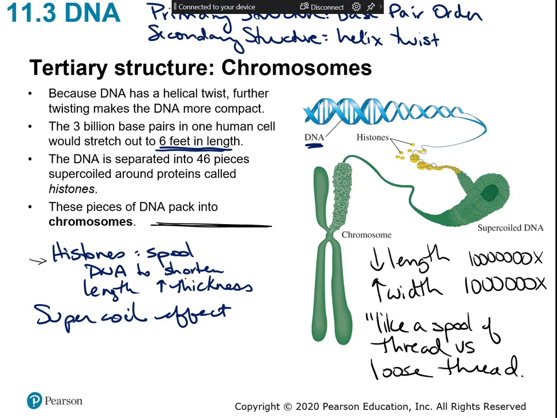But DNA actually wraps around proteins called histones. Histones, I think of them almost being like spools. Just like you would spool thread, you can also spool this. So the DNA gets spooled around these histones. And what it does is it causes the DNA to then start to coil back on itself.